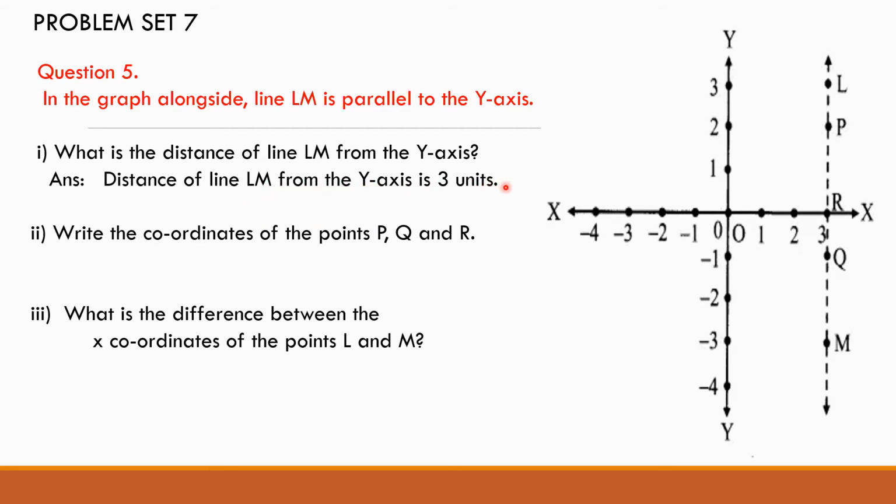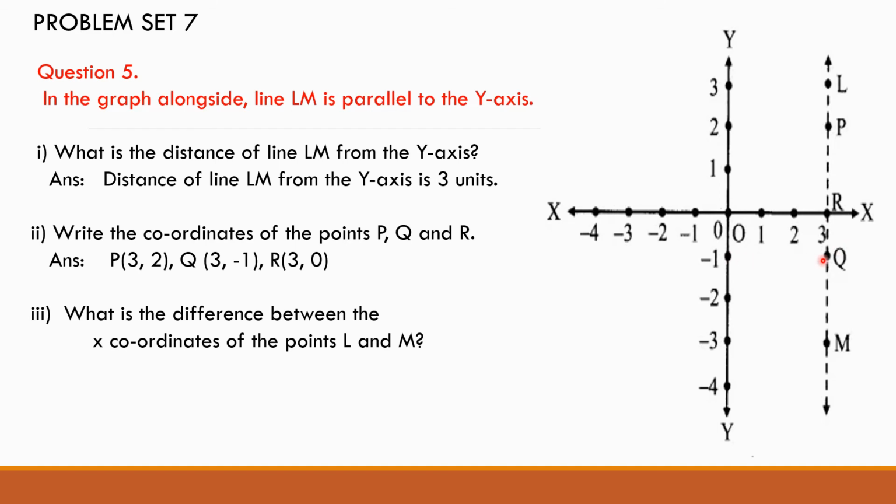Second question: write the coordinates of the points P, Q and R. The point P is in the first quadrant, therefore the x coordinate is positive and the y coordinate is positive. The coordinate of P is (3, 2). For the second point Q, the x coordinate is positive and the y coordinate is negative.